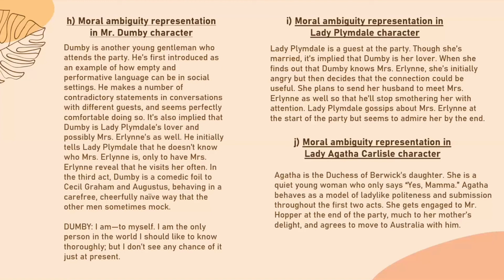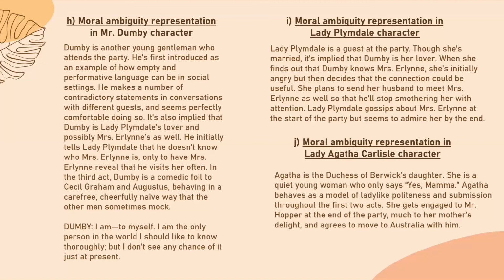Moral ambiguity representation in Lady Plymdale's character. Lady Plymdale is a guest at the party, though she is married. It is implied that Dumby is her lover. When she finds out Dumby knows Mrs. Arlene, she's immediately angry, but then decides that connection could be useful.